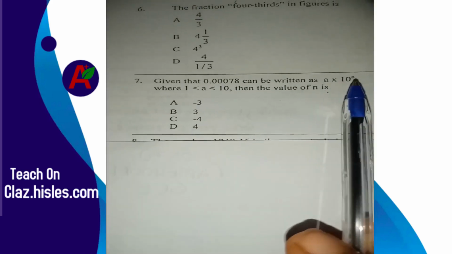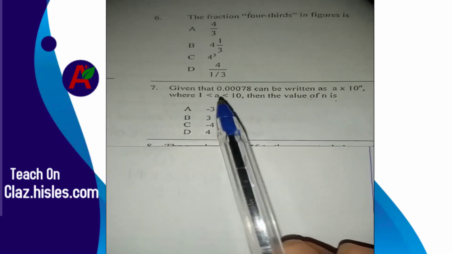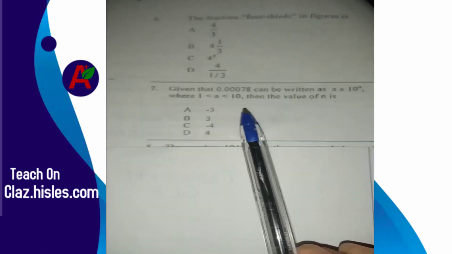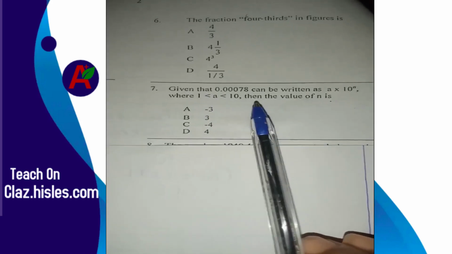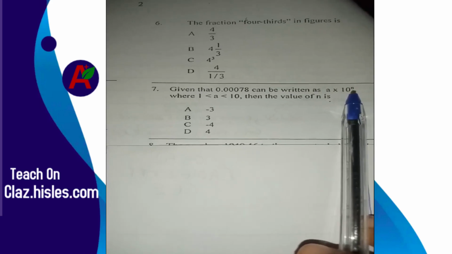Question 7. Given that 0.00078 can be written as A times 10 to the n, where A is less than 10 and greater than 1, then the value of n is, okay, what is our value of n?